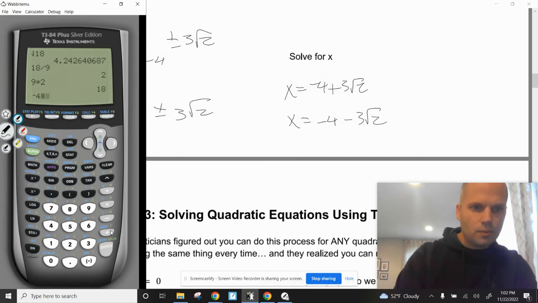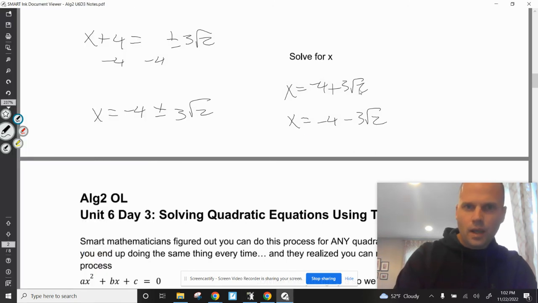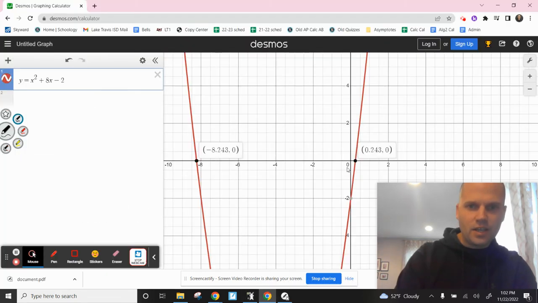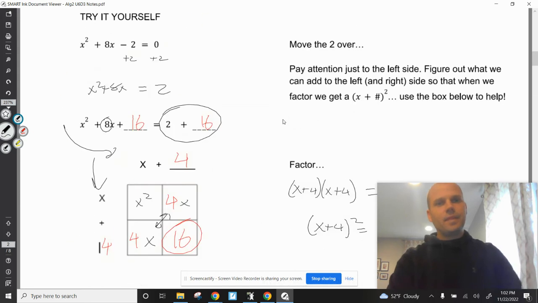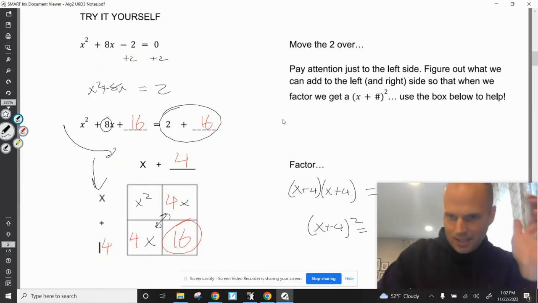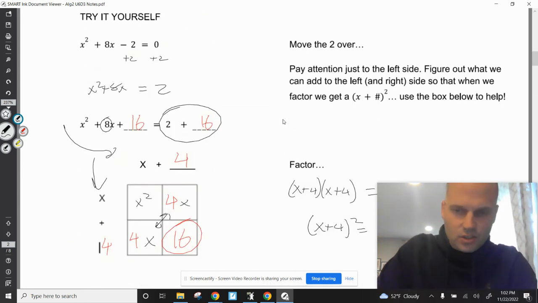Negative 4 plus 3 root 2 is 0.243. And if I looked in the other direction, I'd get negative 8.243. So great.